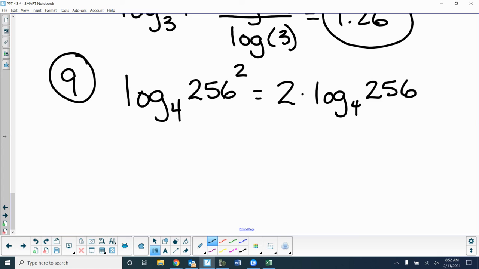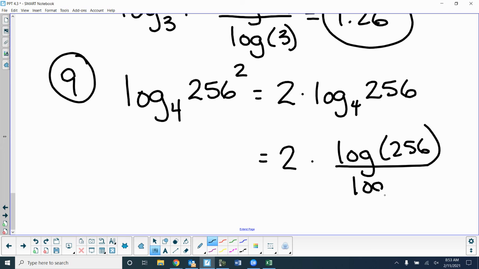So you can put in your calculator 2 times log of 256 over log of 4. Or you could get that answer first and then times 2, however you want to do it.